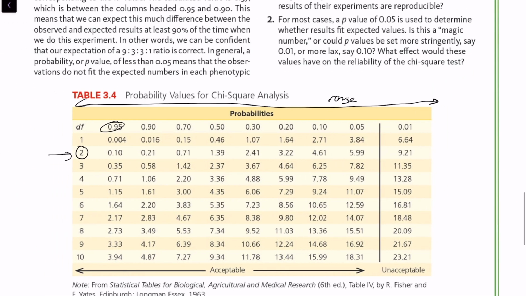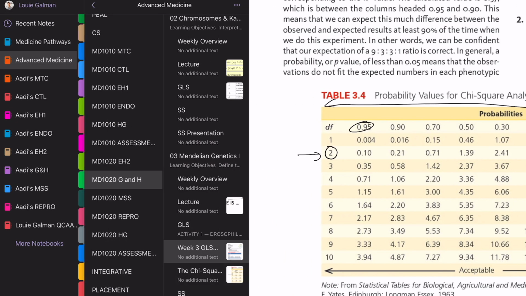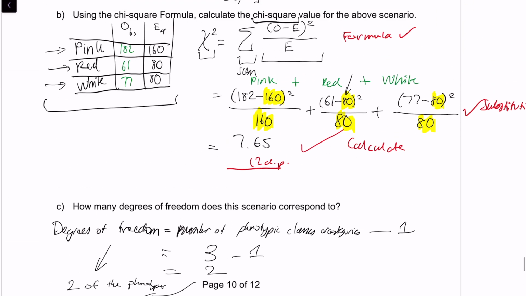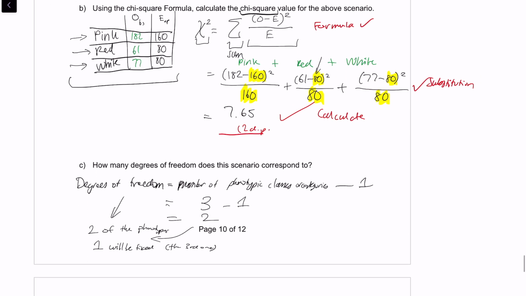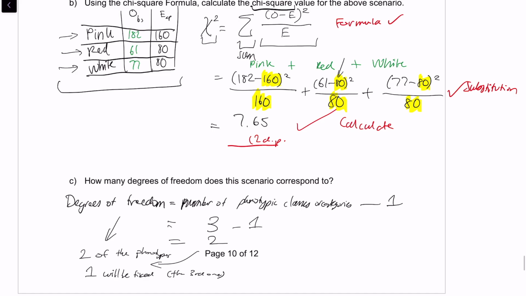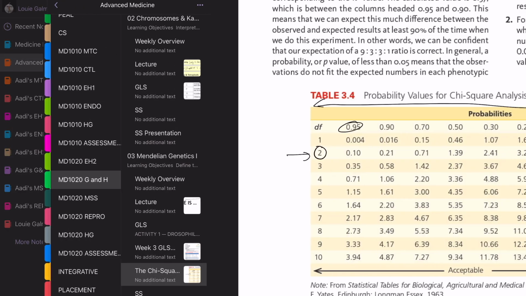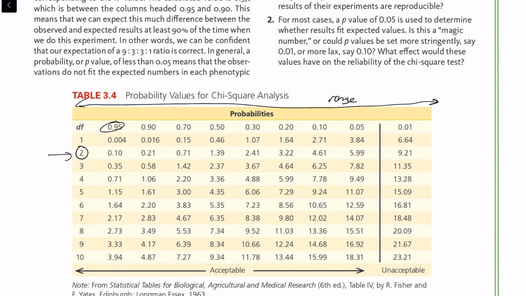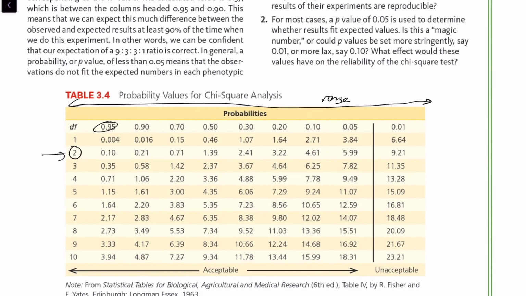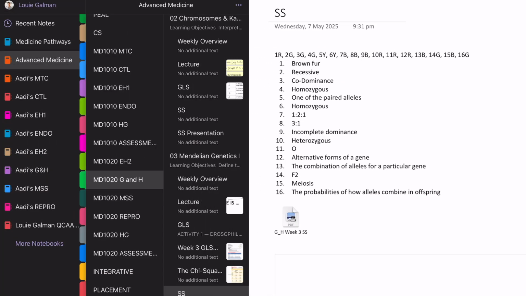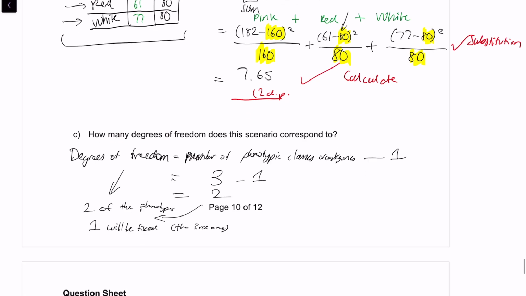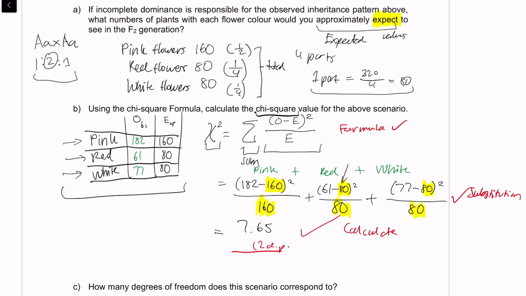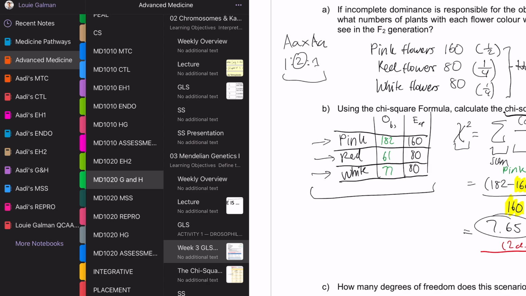But in terms of the chi-square test, that's really talking about the difference between our observed and expected values, from our prediction or hypothesis. So the greater the chi-square value, the more variability we're going to have, and it's going to contradict between the observed and expected results. So since we got a chi-square value of 7.65, we look at the table again.